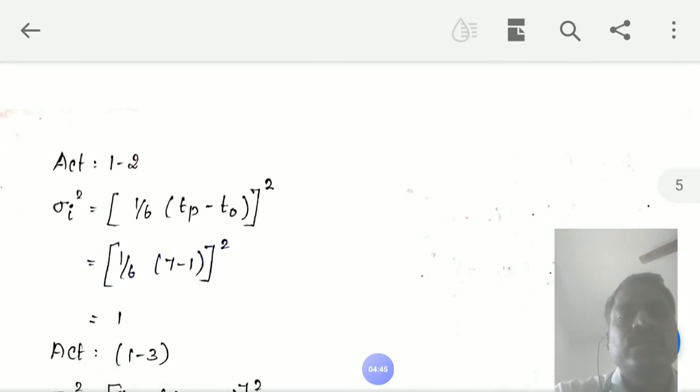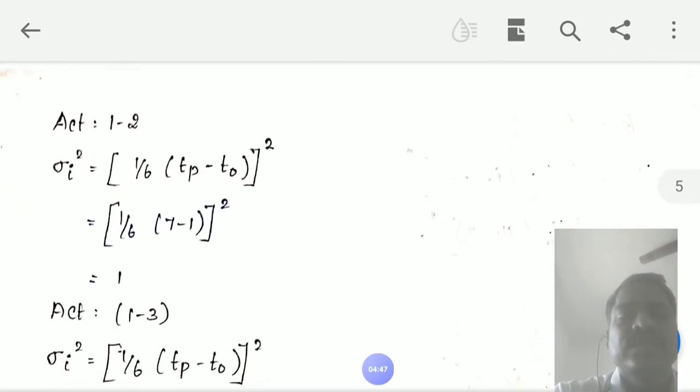Now the variance of the activity. The variance, sigma squared, of activity 1 to 2 is 1 by 6 into pessimistic time minus optimistic time, whole square. Therefore, 1 by 6 into Tp minus To whole square.